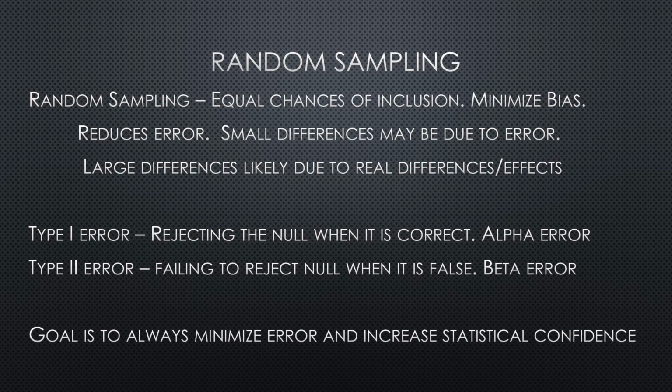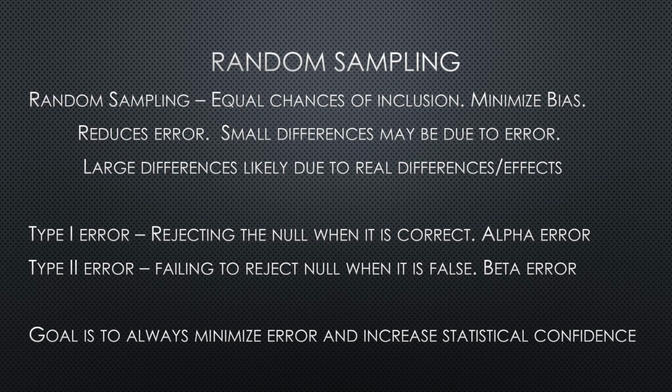So a type 1 error means that you reject the null hypothesis when in fact the null hypothesis is correct. Remember, the null hypothesis says there are no differences between groups. Maybe there's no differences between students at Northridge and students at UCLA. That's what the null says. There's no differences. And maybe in the real world there really are no differences. Maybe like in terms of how much they study each week. But you reject the null and say there are differences.